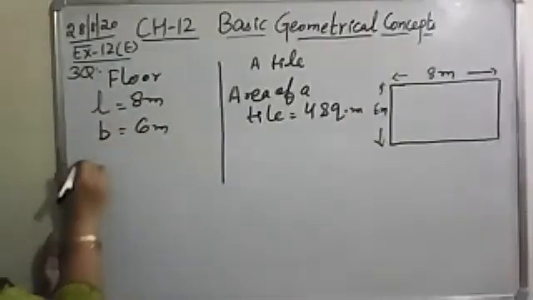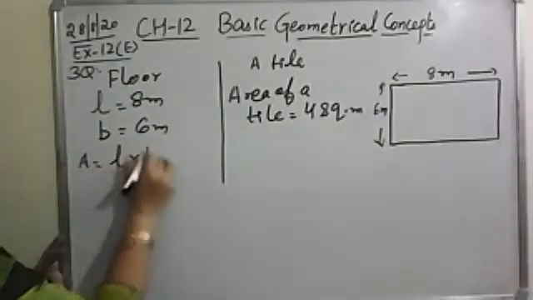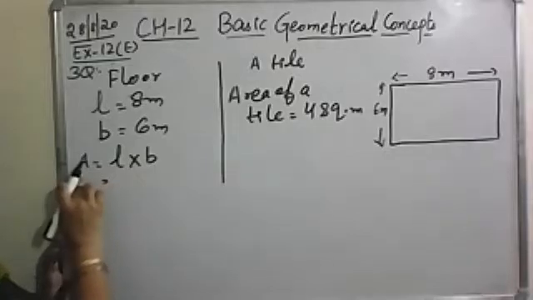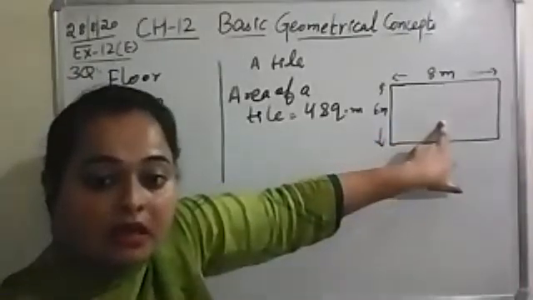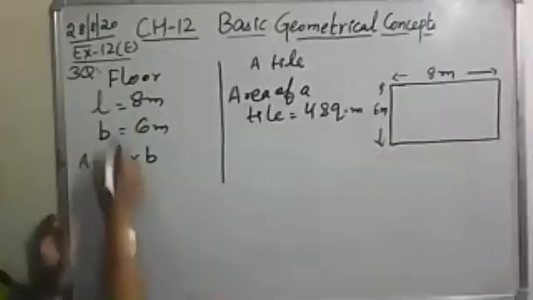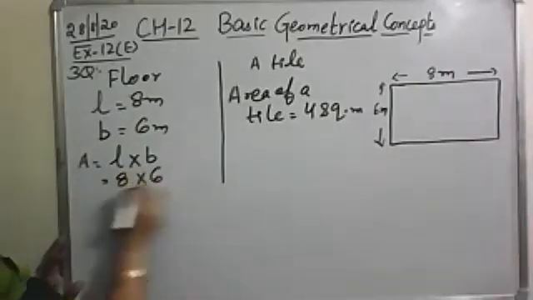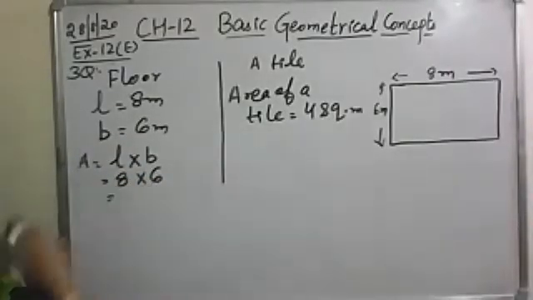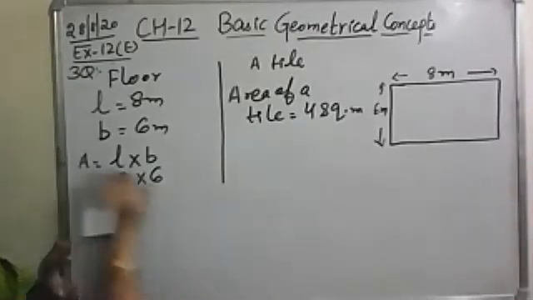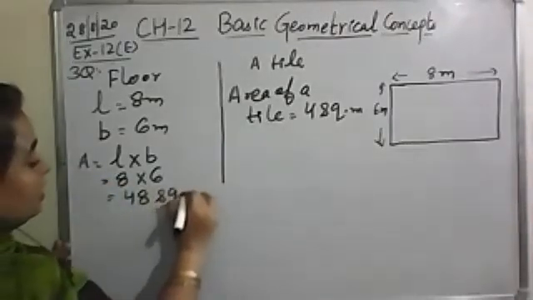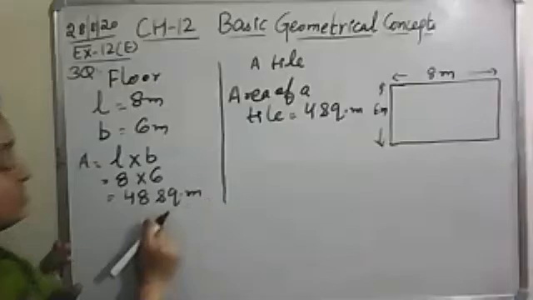So area of the floor is length into breadth, because the area of a rectangle is length into breadth, and this is in the shape of a rectangle. So we will apply the formula here. 8 into 6 will give you 48 square meter, and this unit is compulsory.